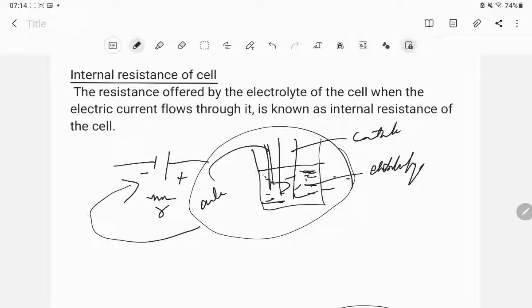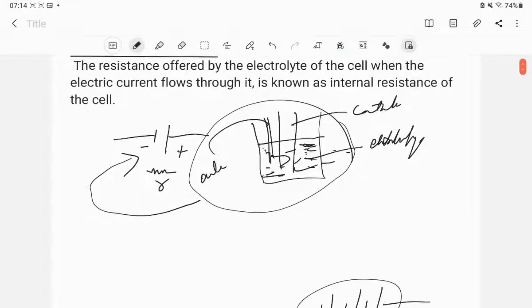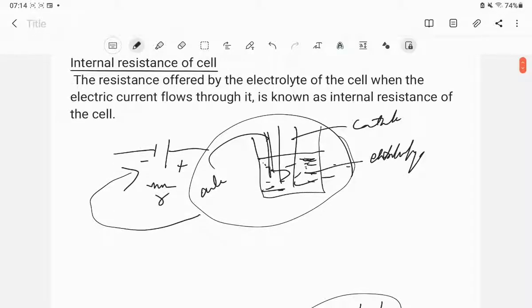Okay, so the resistance offered by this electrolyte is called internal resistance. For a very freshly prepared cell, the value of internal resistance is very low, but as the cell is put to more and more use, its internal resistance goes on increasing.